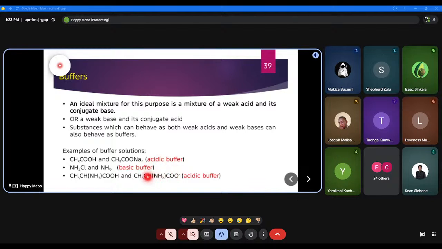The alaninate ion can be gotten from a salt of this compound, which can be potassium alaninate or even magnesium alaninate, used together with alanine itself. Those are some examples of buffer solutions that you can use.